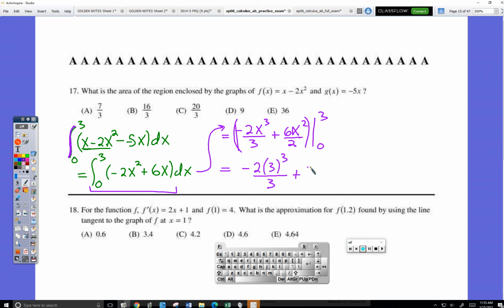No need to plug in the 0 because the result will be 0. 3 cubed is 27. 27 divided by 3 is 9. 2 times 9 is 18. You have negative 18 plus 27. Final result is 9.